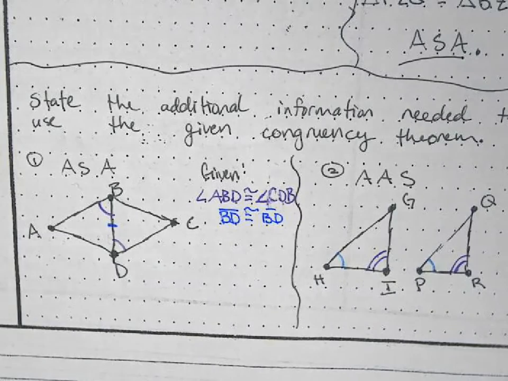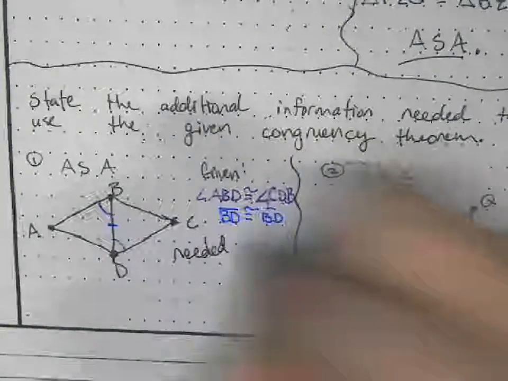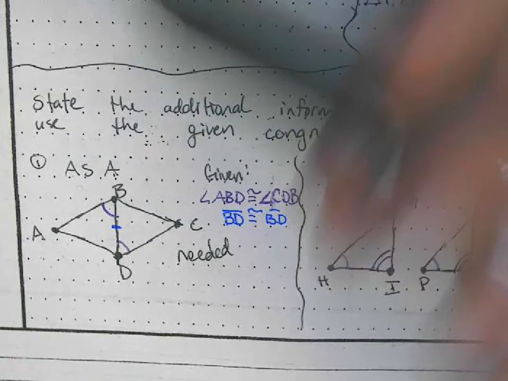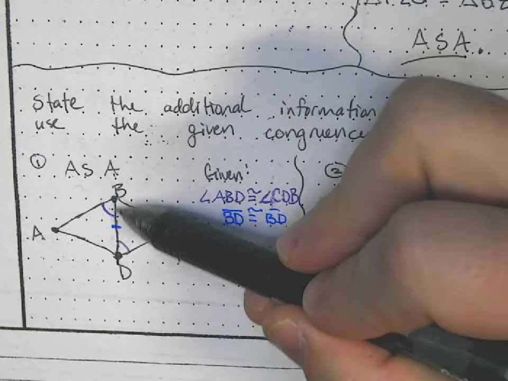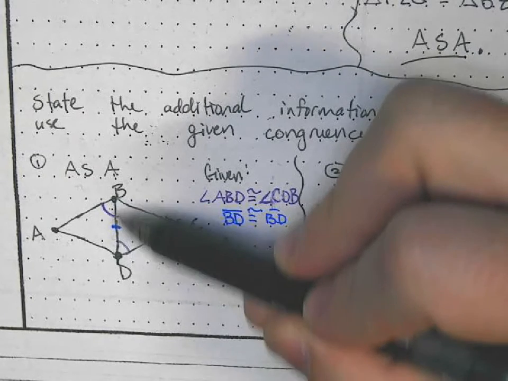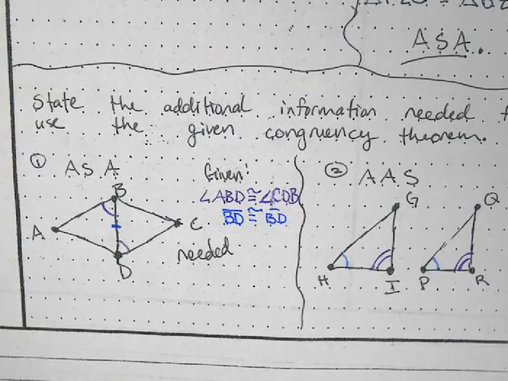Now what do we need to use ASA? If I'm trying to prove angle, side, angle, I've got my angle, I've got my side, and then what's the other angle? I need to put my side in between the two angles, so I have that angle, and that means I'll need this angle.